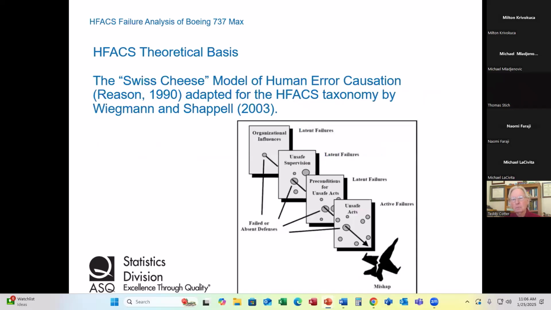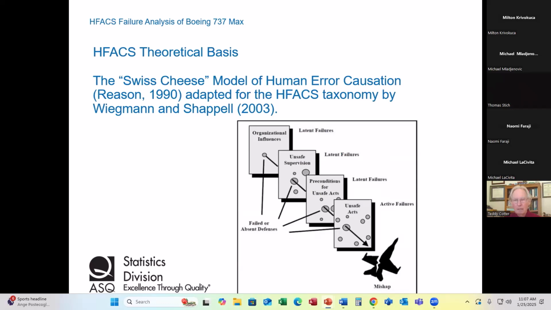So this is the Swiss cheese model adopted for the HFACS taxonomy. We have organizational influences, which are latent failures that permit the potential for unsafe acts. We have unsafe supervision, preconditions for unsafe acts, and then the unsafe acts themselves, leading to the active failures.